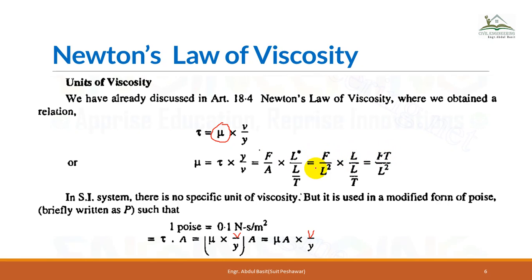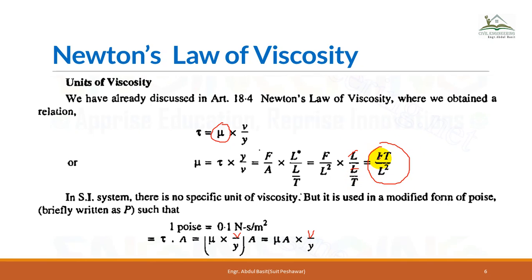By this calculation, the final form is force into time divided by L square. One L will be cancelled with the other L, and this T will be taken to the denominator. So this will be the new form of the equation.